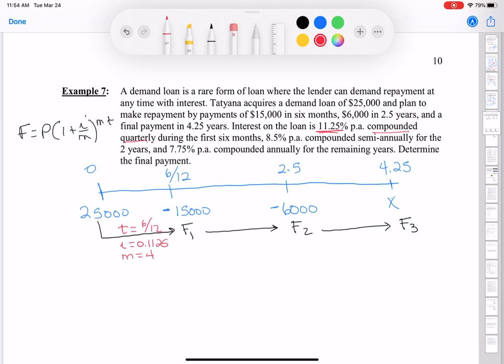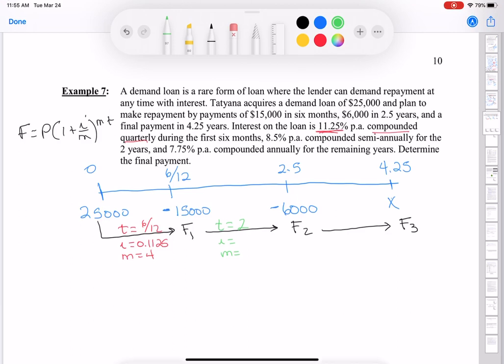Now the second part of our timeline, we also need those 3 pieces. We need the T and the I and the M. So sometimes calculating time is difficult. However, here we can see that it's just 2 years because we're going from half a year to 2.5 years.